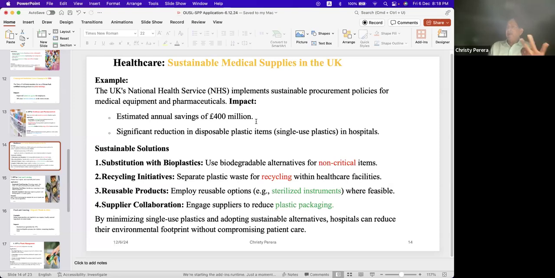They will have to find some other packaging, not plastic. That is their job. By minimizing single-use plastics and adopting sustainable alternatives, hospitals can reduce their environmental footprint, carbon footprint, without compromising patient care.